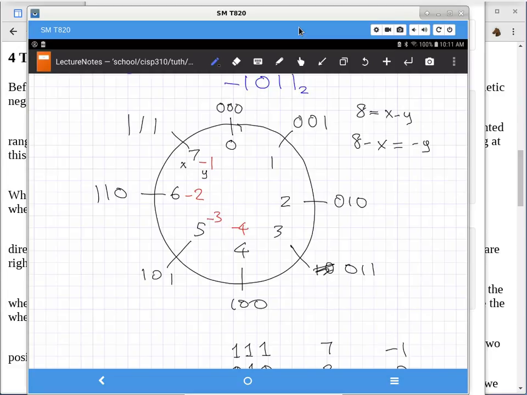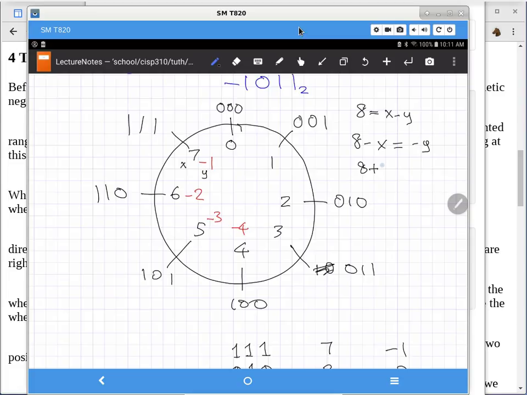Okay? So that means, if I want to do all of this using a 3-bit representation system, I can't deal with the 8. So if I cannot deal with the 8, what can I deal with? The bottom line is, we can also look at this in a slightly different way. We can say 8 plus y equals x.